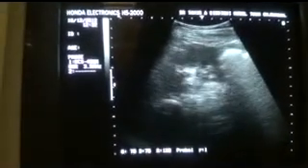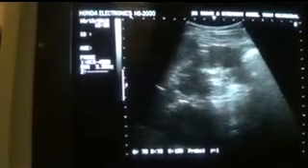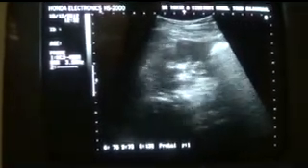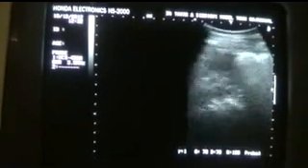This is the left kidney, the lower pole of the left kidney with the calculus in this region. This one. Let's have a relatively better view. This is the lower pole of the left kidney with a small calculus within it.